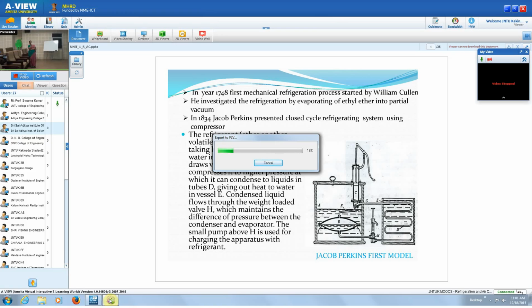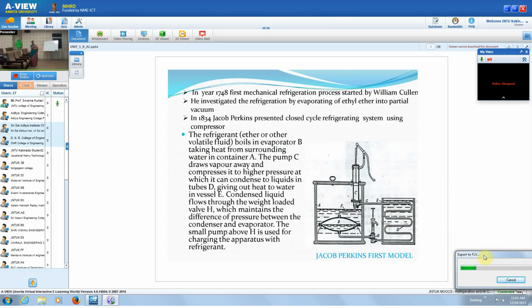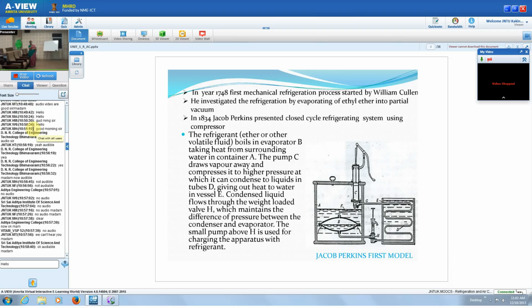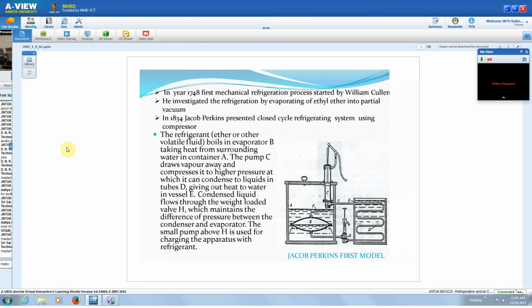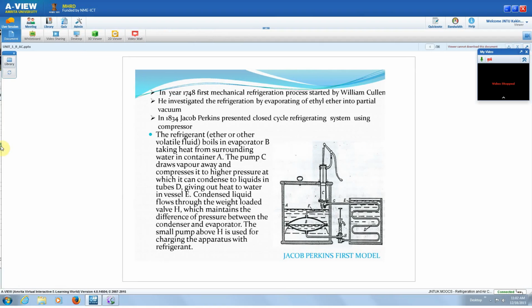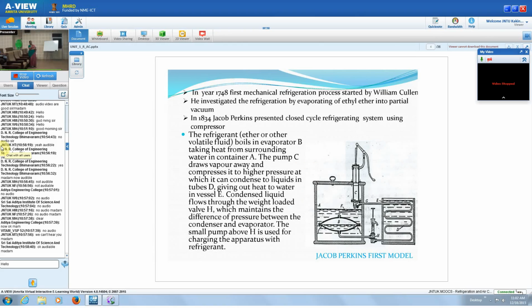It boils in the evaporator, which is given as B in the first figure inside A. The pump draws it away from the compressor and compresses it to a higher pressure at which it can condense to liquid in tubes D, which are in the second vessel, giving out heat to water in vessel E. The condensed liquid flows through the weight-loaded valve H, which is between the two vessels and maintains the pressure difference between the condenser and evaporator.